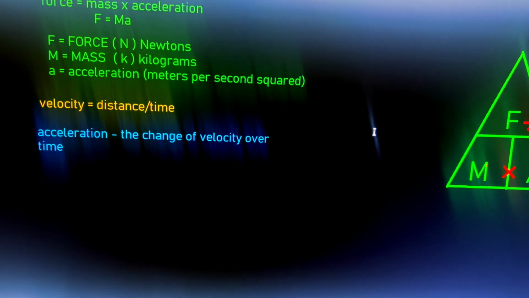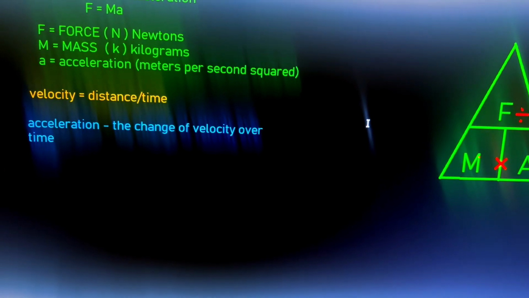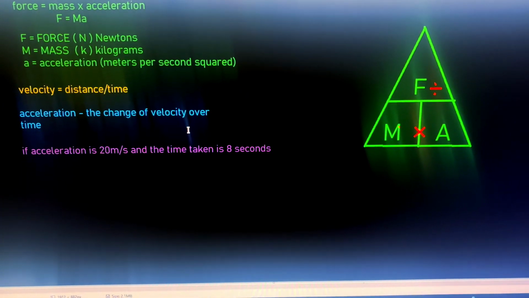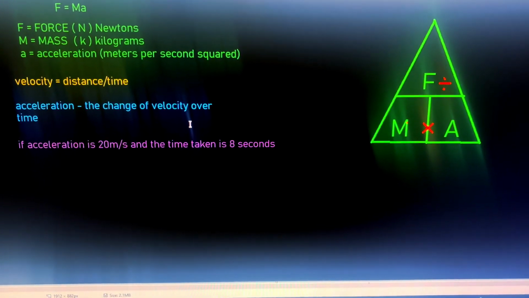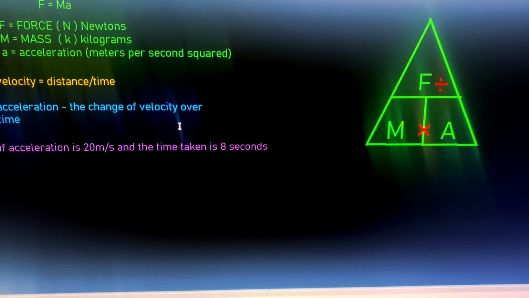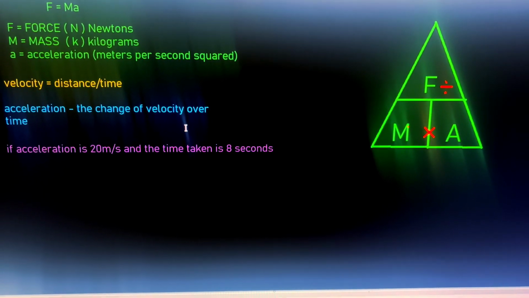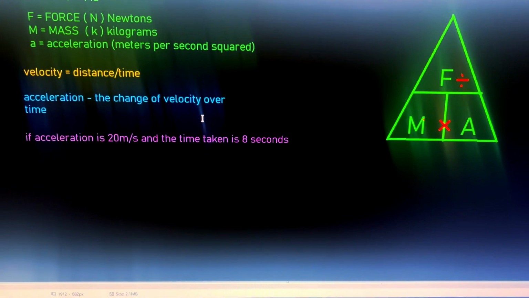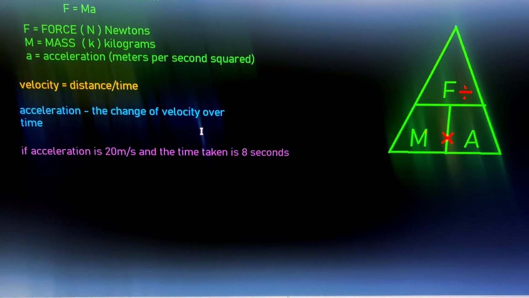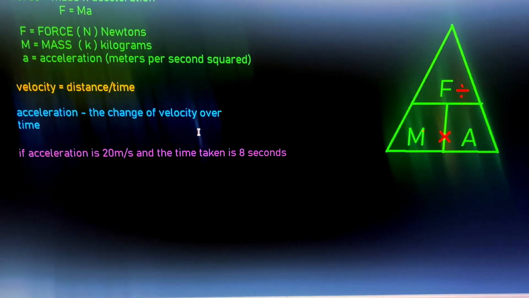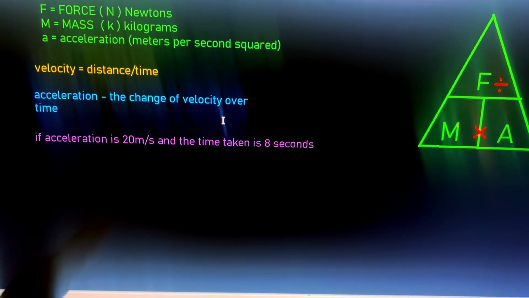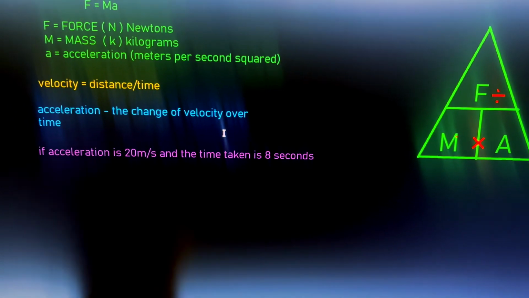Now, acceleration is different from velocity. Acceleration is the change of velocity over time. So for an acceleration equation, if the object that is moving increases its speed by 20 meters per second, and the time it took to get there was 8 seconds, we divide the change in velocity by the time.